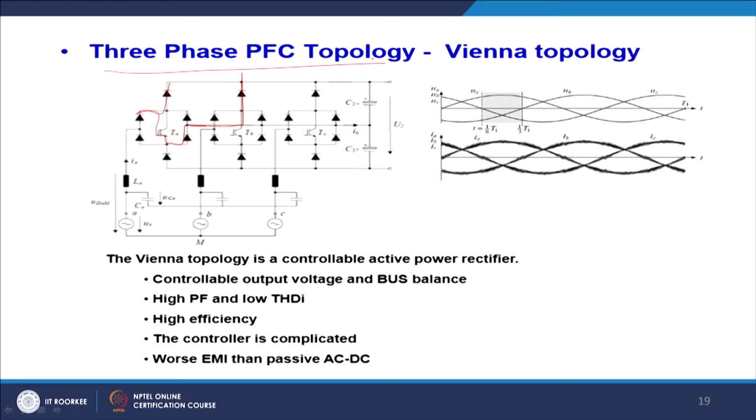These are all power diodes, and while current flows, it incurs 2 diode and 1 switch losses unnecessarily. The 2 diode losses will be around, it is not a 0.7 volt diode, these are all high power diodes, and for this reason this drop will be quite a bit higher, maybe double of 0.7, maybe 1.5 volt.